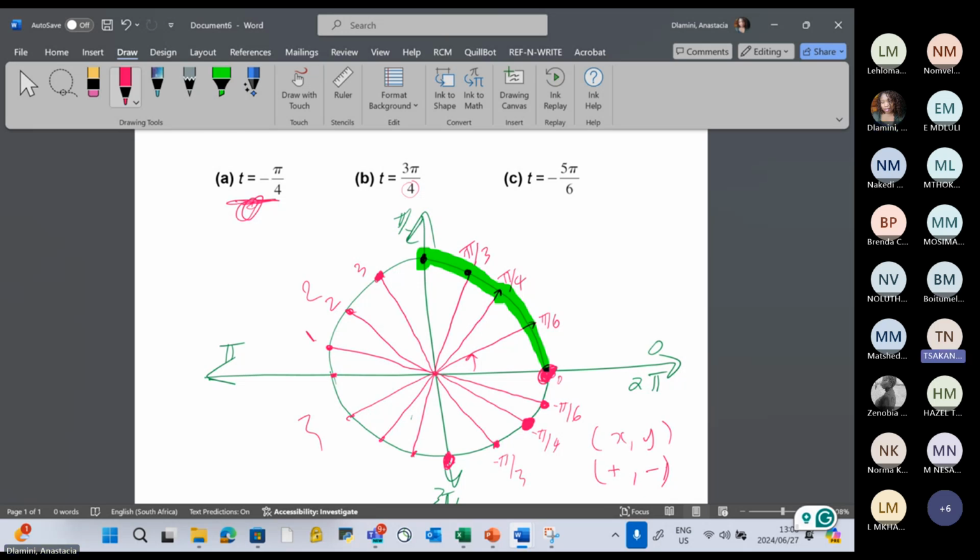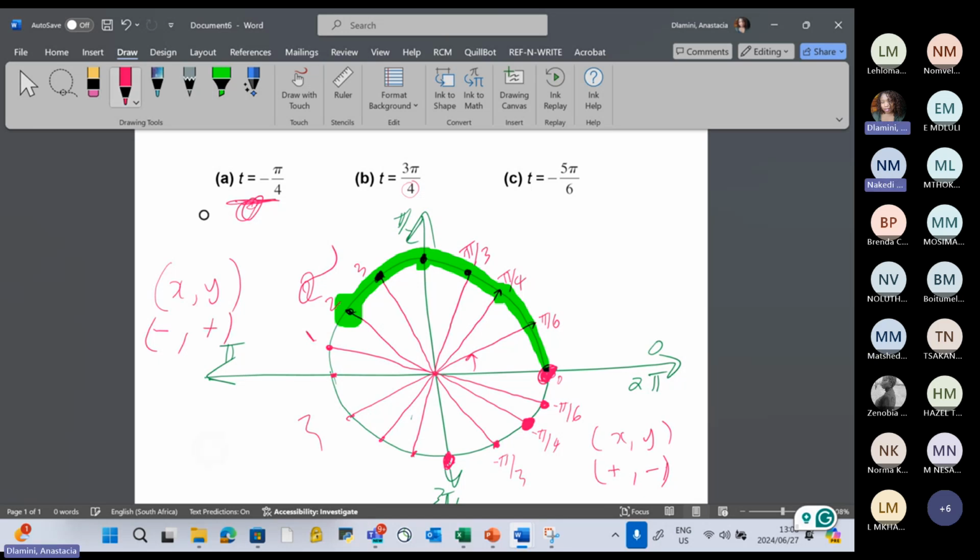Line 2. Thank you. It means that the third one is here. So in which quadrant am I? The second quadrant. What do we know about the x and y values in the second quadrant? The x is negative and the y is positive.